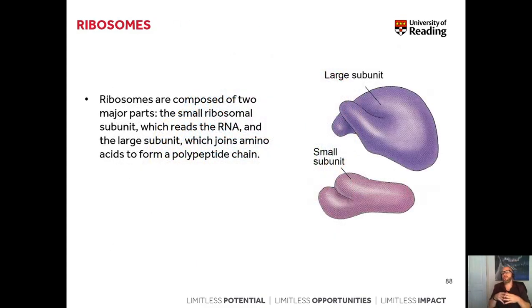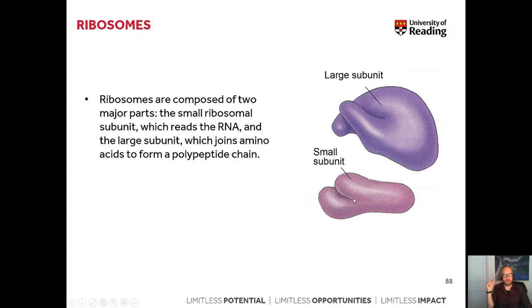So what do ribosomes look like? Ribosomes are composed of two major parts: the small ribosomal subunit that you can see here and the large ribosomal subunit. What are the different jobs those subunits do during translation?